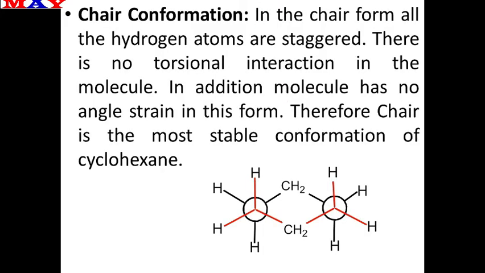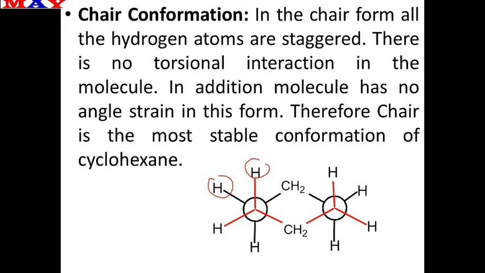Chair form. In the chair form, all the hydrogens are staggered. As we see from the Newman projection, these hydrogens are away from each other. They do not have any kind of torsional interaction. In addition, since the ring is flexible, it has adjusted in such a way that there is no angle strain.